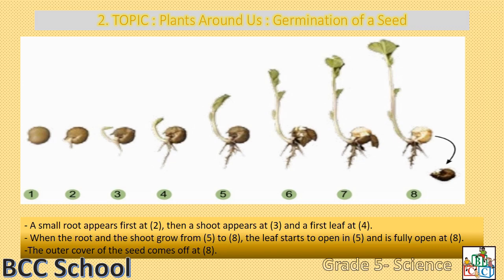And in part 8, the leaf is now fully open. The outer cover of a seed comes off at 8. So in part 8, we can see that the outer cover of a seed is coming off. This picture is how a seed germinates.